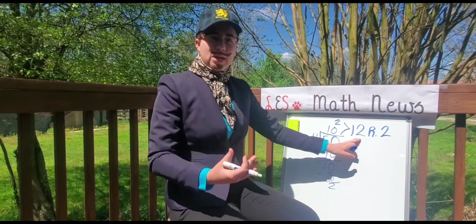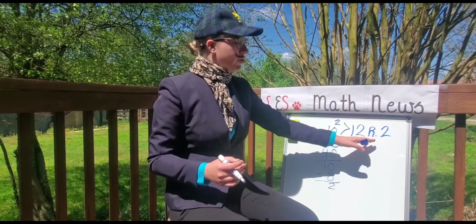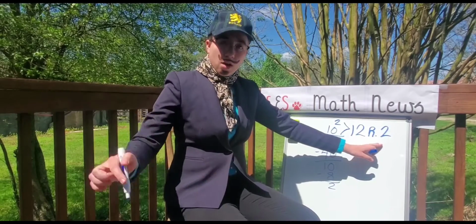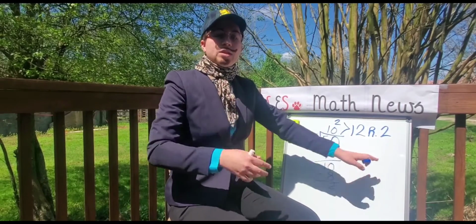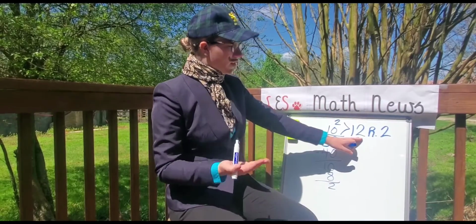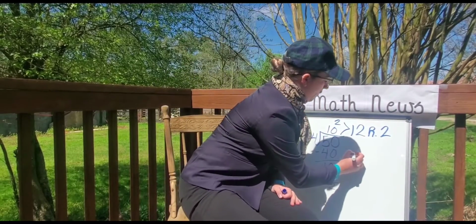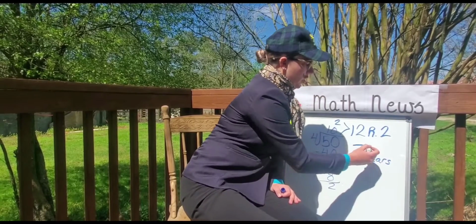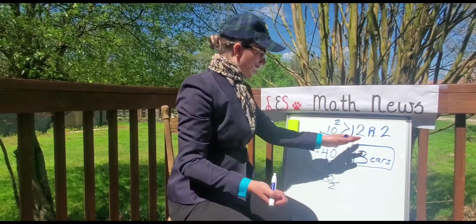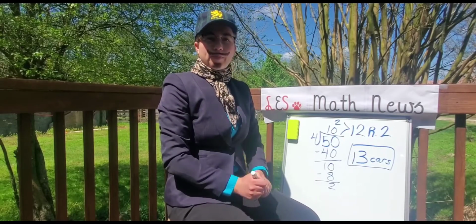Now, this means I'm taking 12 cars. If I have 2 extra people and I have 12 cars, I need to take another car. So in this instance, how many cars do I have to take? The answer, if I round up, should be 13 cars. Because 13 cars is going to fit those extra people.